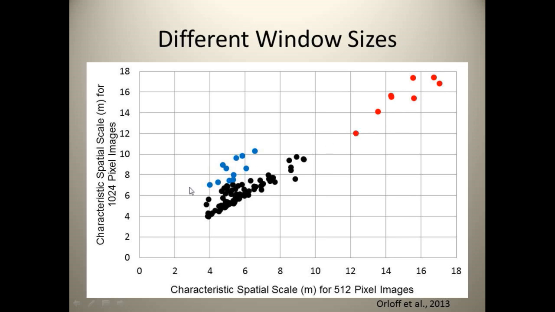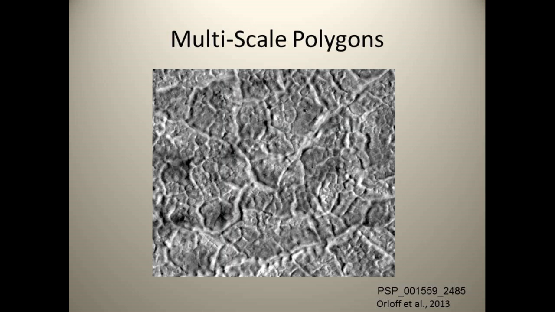These blue ones, though, turn out to be a different type of polygon than I had expected to see. These blue ones show that I was missing out on some of the important parts of the power spectrum at larger polygon sizes. And so when I looked at what these images looked like, I saw something along these lines. And these are what I like to call multi-scale polygons, where we have multiple scales of polygons present simultaneously.